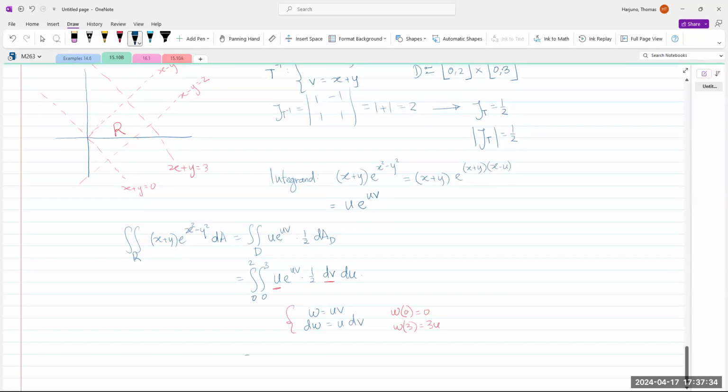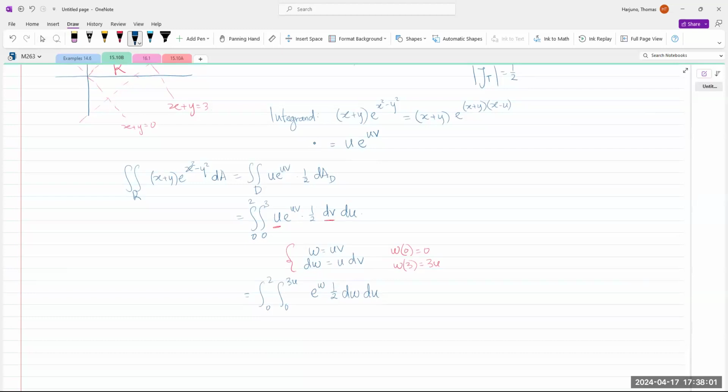Now this integral becomes the integral from 0 to 2, integral from 0 to 3u, and then e to the w times 1/2 dw du. Am I okay now? And from here we just integrate that as usual.